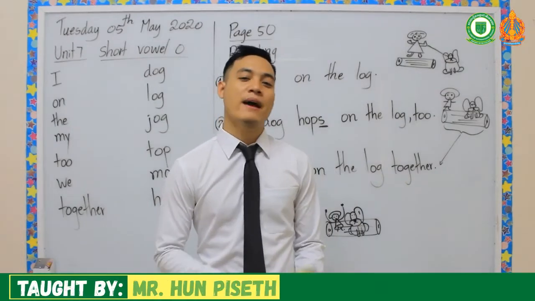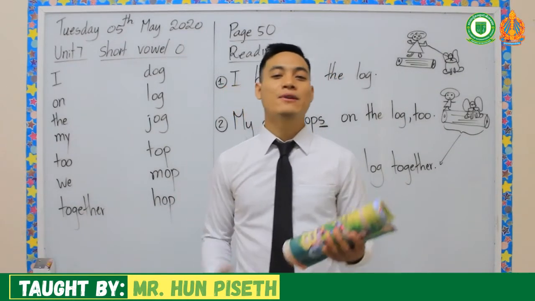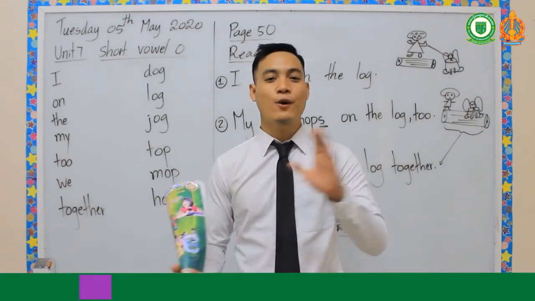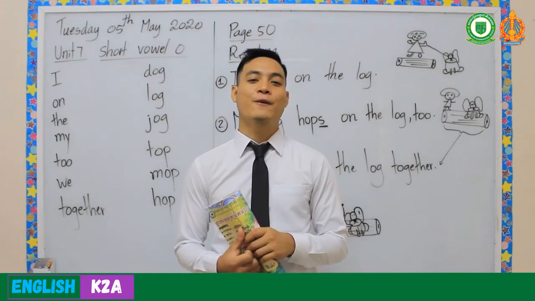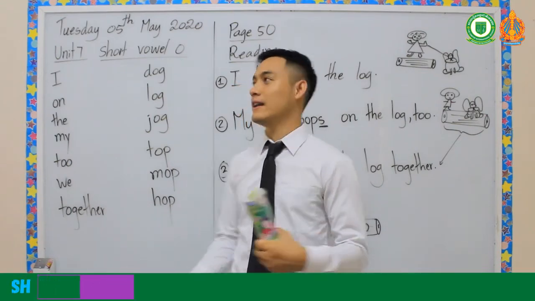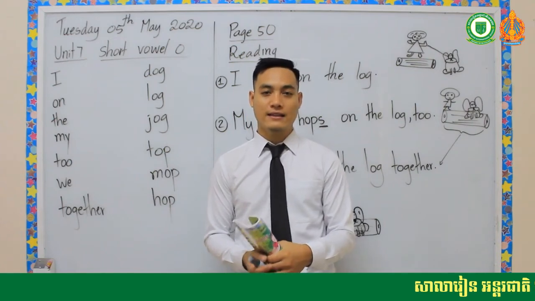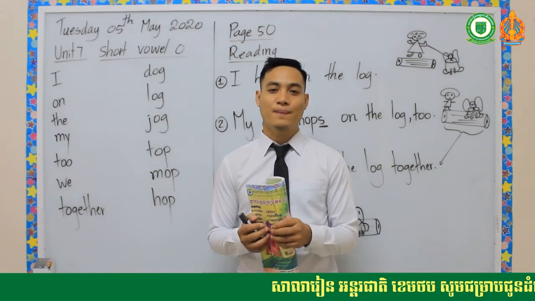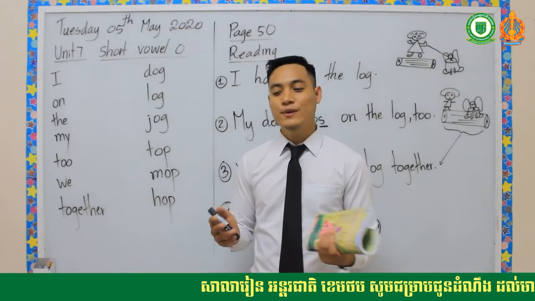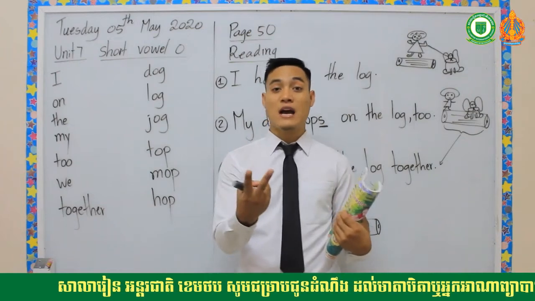Welcome back to our K2A English. I want to summarize what you have learned from the first and second video. You learned about the short vowel O, like the sound of O is ah. And you have learned about two new sounds.